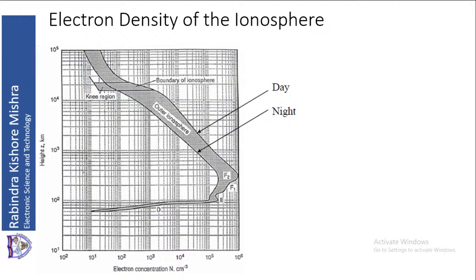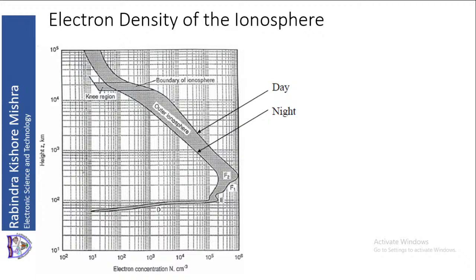So although we are not getting any energy, we are consuming energy, therefore energy will decrease, ionization will decrease. So you can see the thickness of the ionized layer is lower in night, higher in daytime.